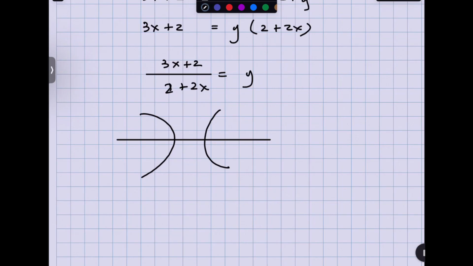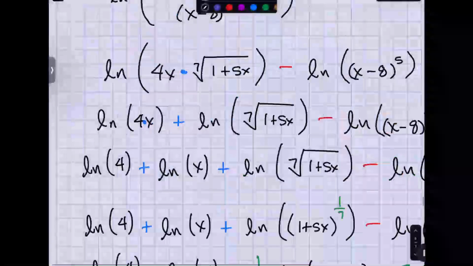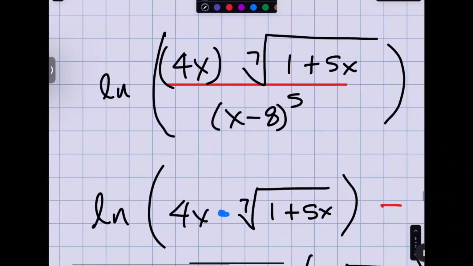The x is greater than 8 is just trying to make sure that the fraction stays defined, because if you put an 8 into that equation, it will make that fraction undefined. So x greater than 8 means absolutely nothing. It's just trying to make a problem that isn't going to be undefined at some point.